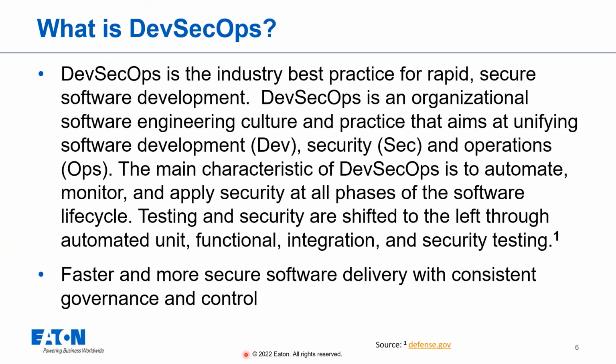So on to our presentation. Let's talk about what is DevSecOps. Well, I like this definition that comes from the DoD, and simply put, it's a best practice for making sure that you have secure software development, but it's done in a rapid manner.